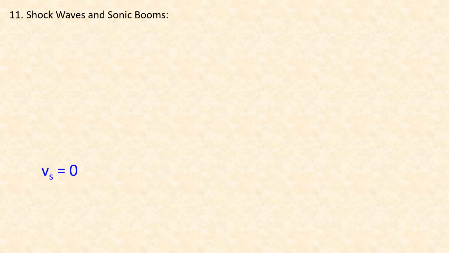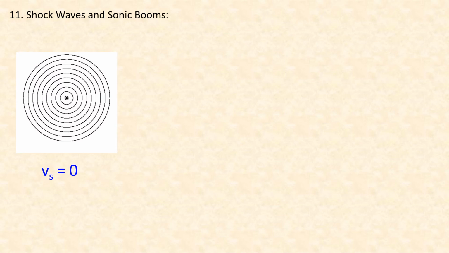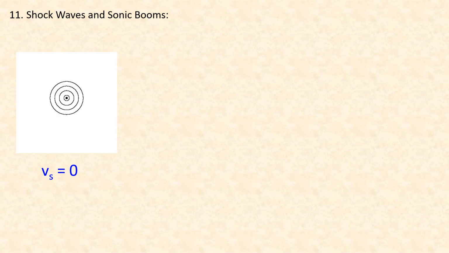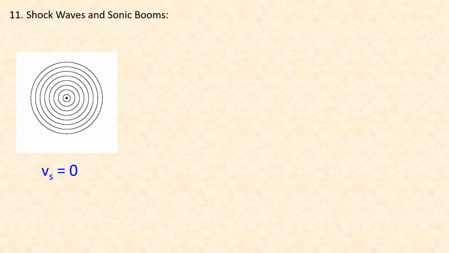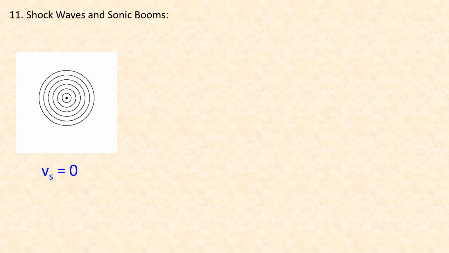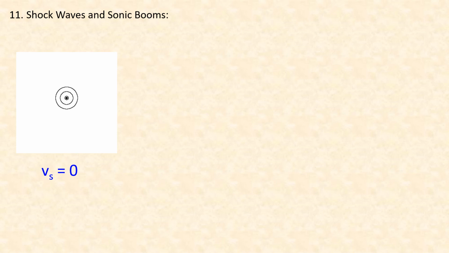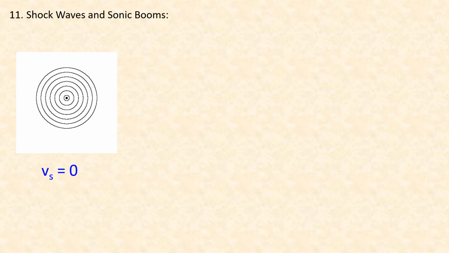When the speed of the source of the sound is zero, when the source is at rest, then the sound source sends out a spherical wave where the wavelength will be constant, regardless of where the observer is located looking at this wave. This is the case where the source of the sound is not moving.